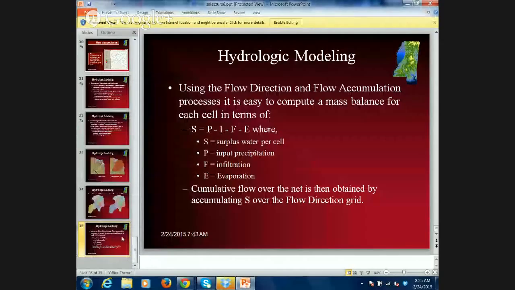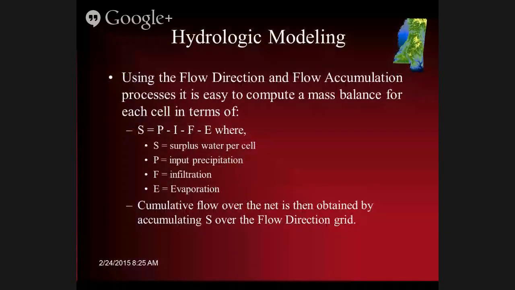I got some of my slides cut off. We could add those values together and model the. So what would happen is, if we had infiltration, that might be a submodel by itself, right? So we've got infiltration, and that could be taken from soils and from land cover.